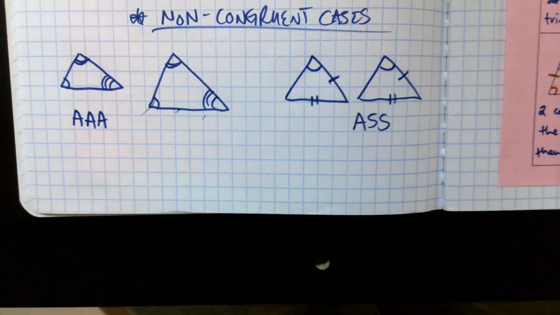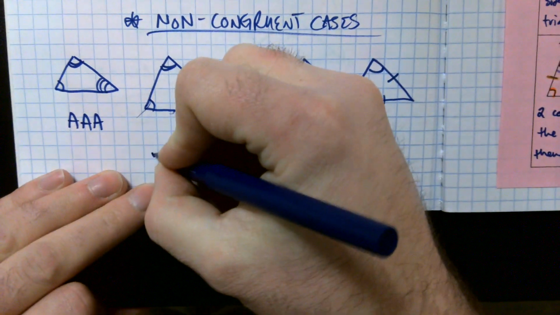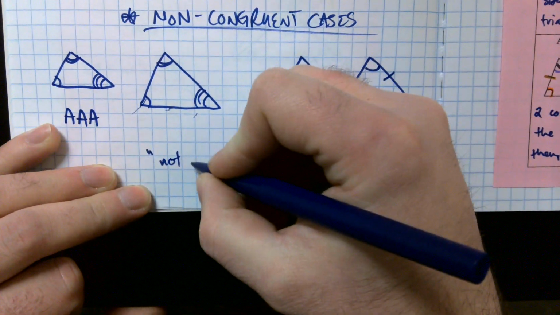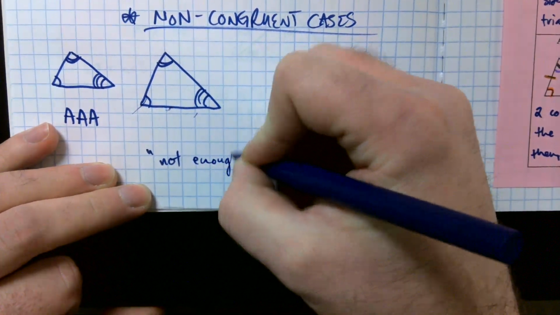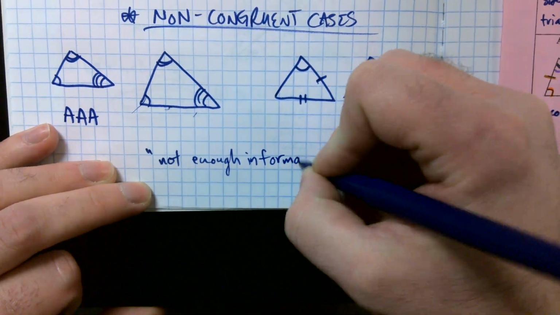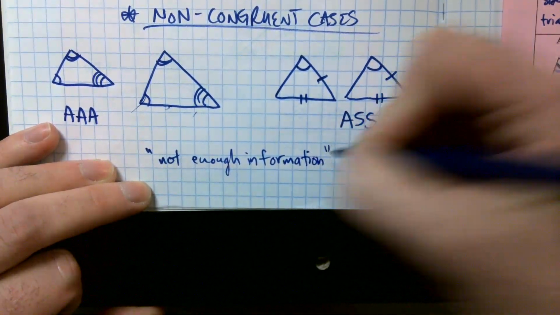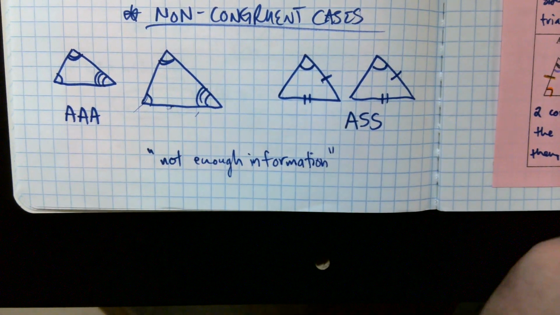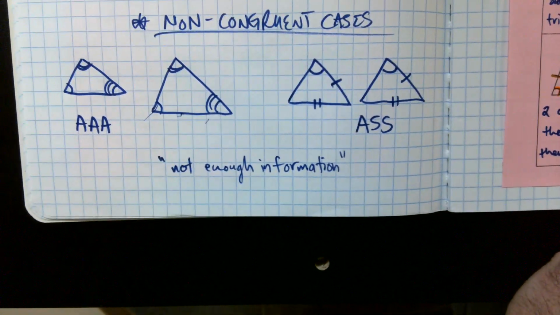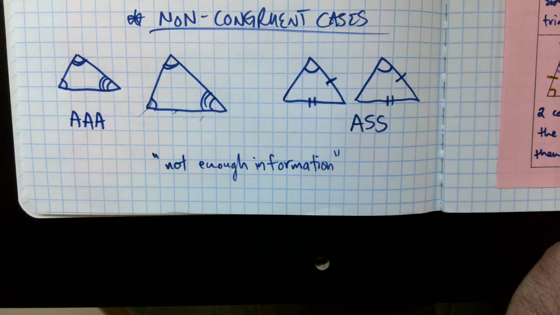But these ones are not necessarily congruent. So what we would say if I see something like this is that I have not enough information. Just like me when it comes to eyeball growth. Don't have enough information. All right?